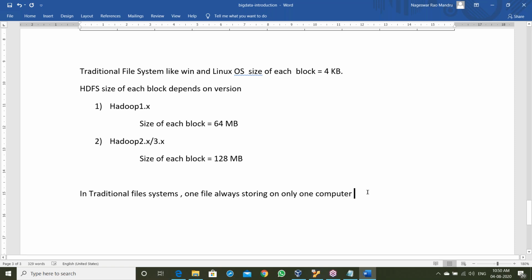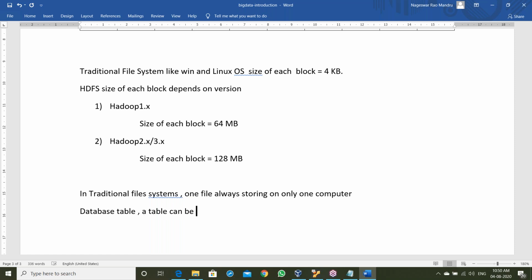Not only files, let us take a database table. Even with a database, one table is stored on only one server, not multiple servers.